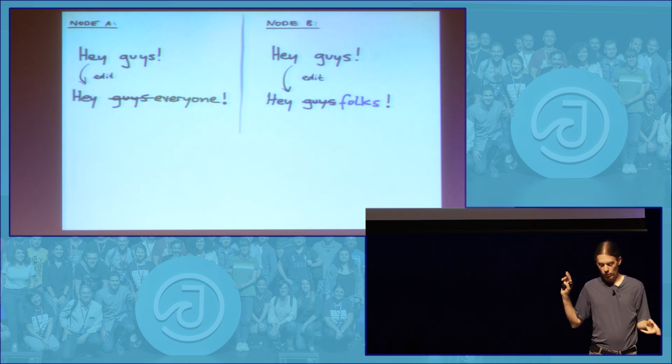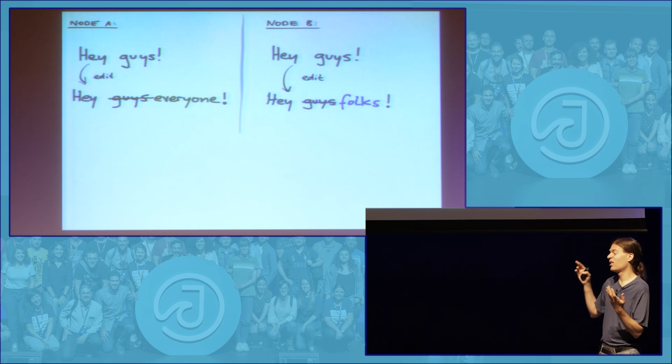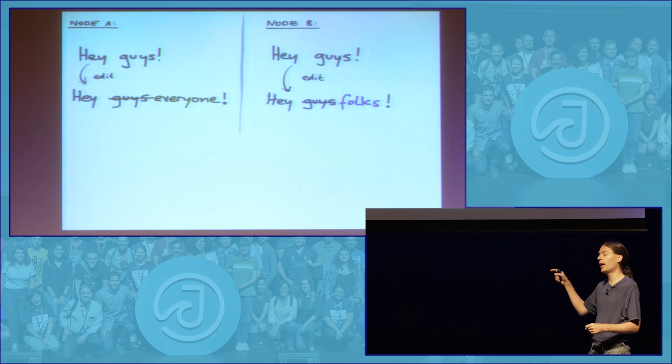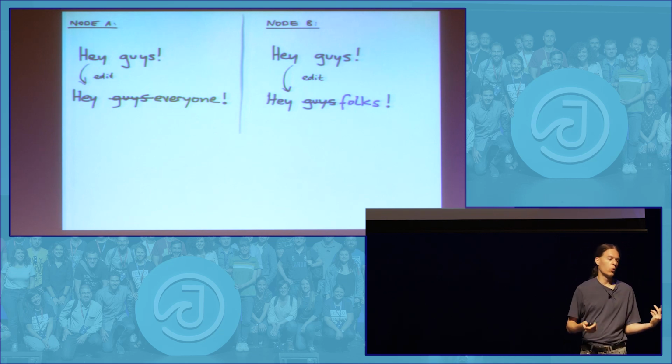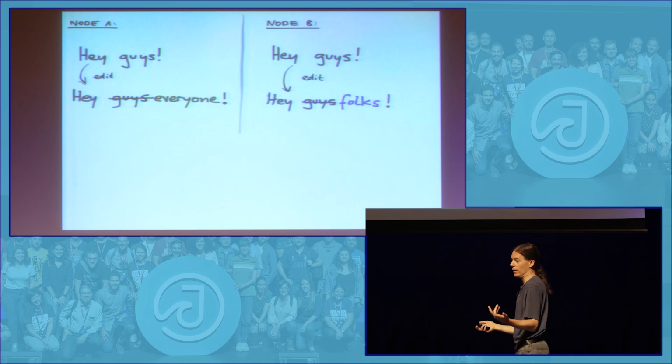And so here, remember, because we're treating every character edit individually, this means now that the letter G, the letter U, the letter Y, the letter S, they were all deleted. They were deleted on both sides. Deleting a character once is the same as deleting it twice. So guys is deleted. And then the word everyone was inserted on the left-hand side, and the word folks was inserted on the right-hand side.